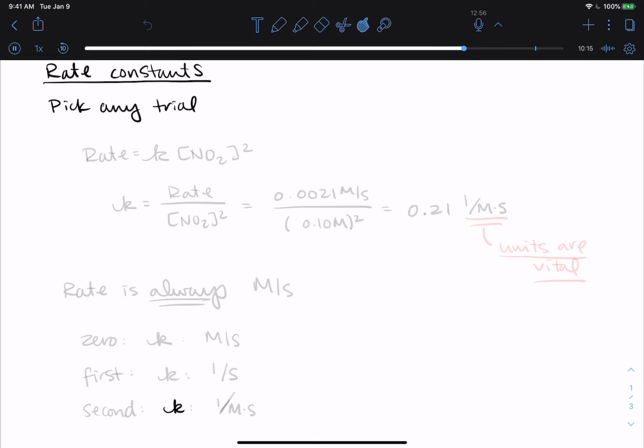So let's use our previous example. We have the rate law, which is that it's the rate constant times the concentration of NO2 squared. So if I just rearrange this, I can calculate the rate constant if I take the rate and divide it by the concentration of NO2 squared. And I have that information. So pick any trial that you want, and you should get a number close to this.